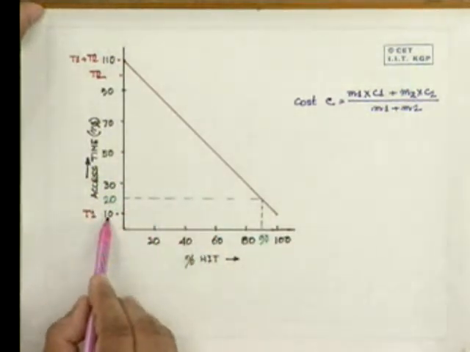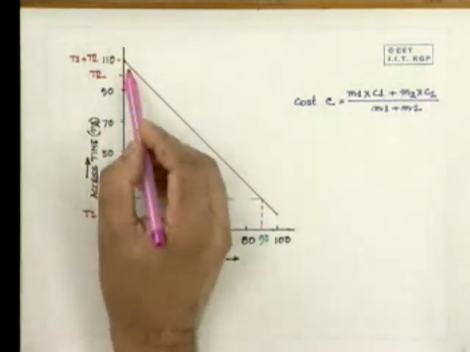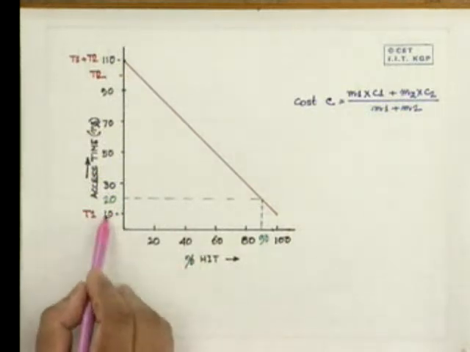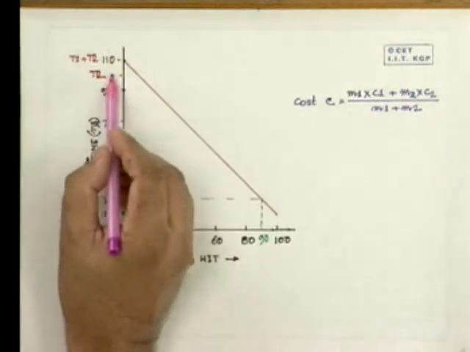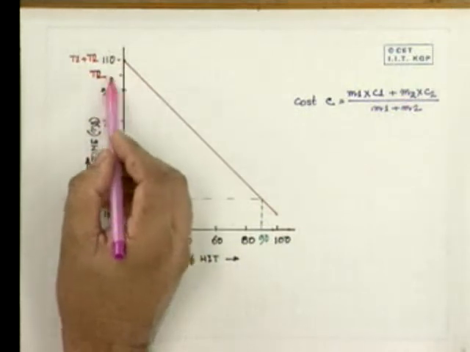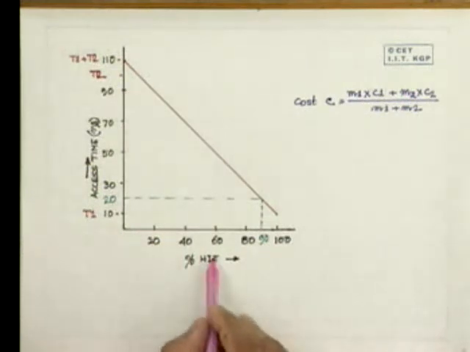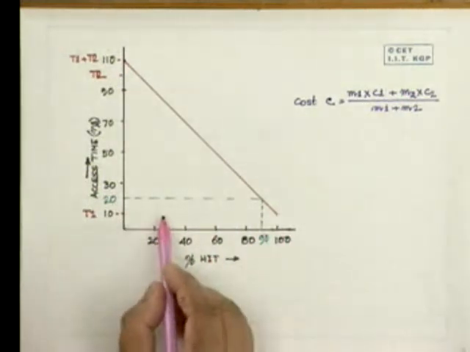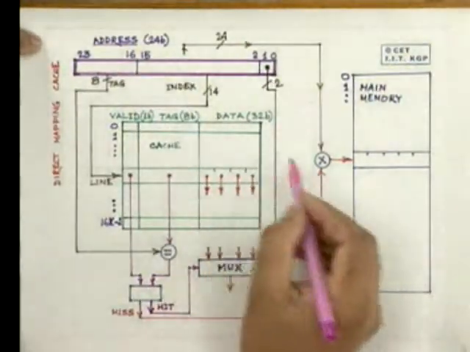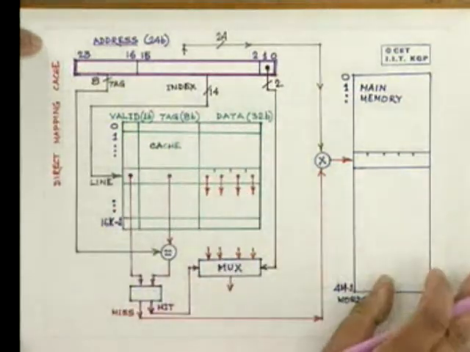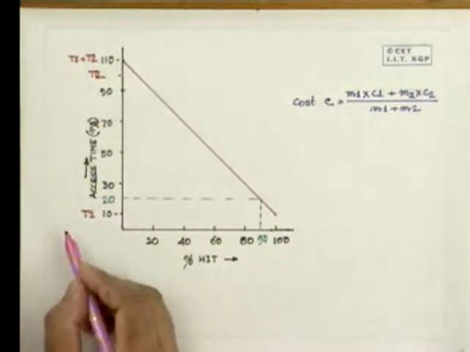Let us assume that the access time for the cache memory, T1, is 10 nanoseconds, a typical figure for SRAM, and the access time for the main memory, T2, is 100 nanoseconds, a typical figure for DRAM. Now if the hit ratio is 100%, then you will always get that information in the cache, and therefore the access time will be 10, the access time of T1.